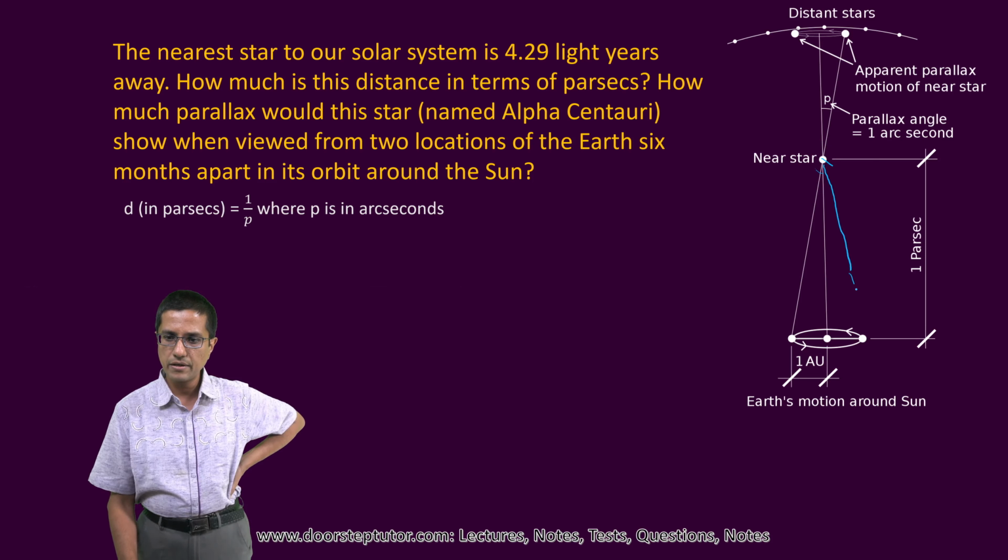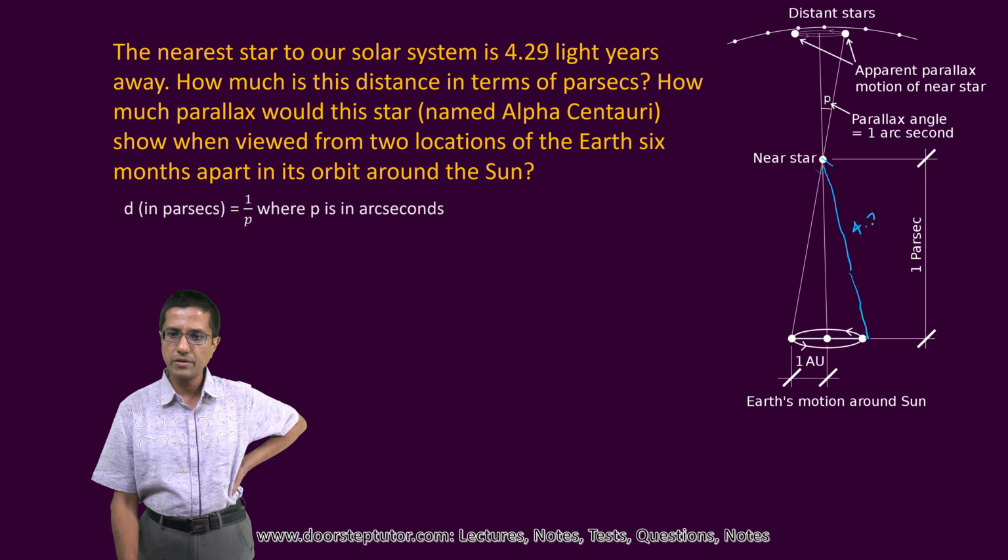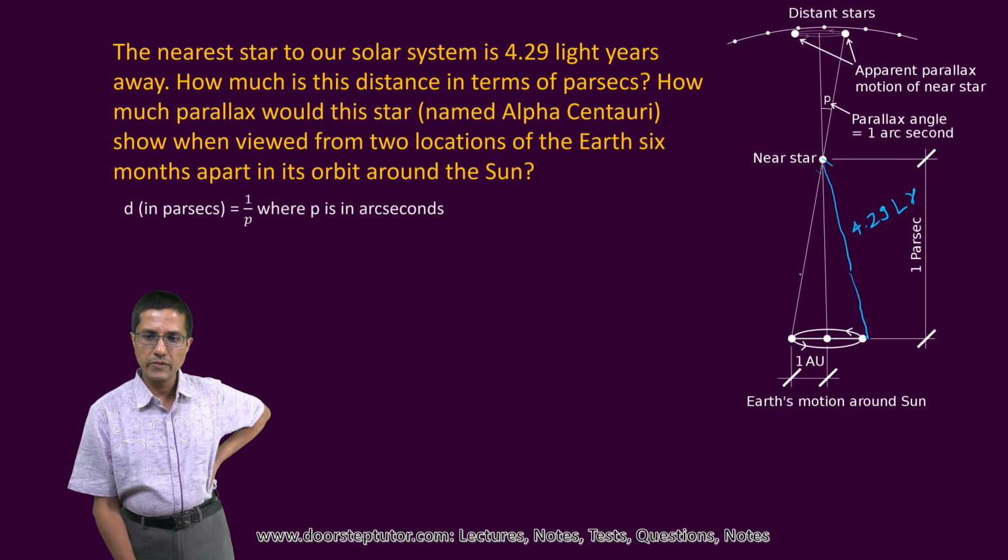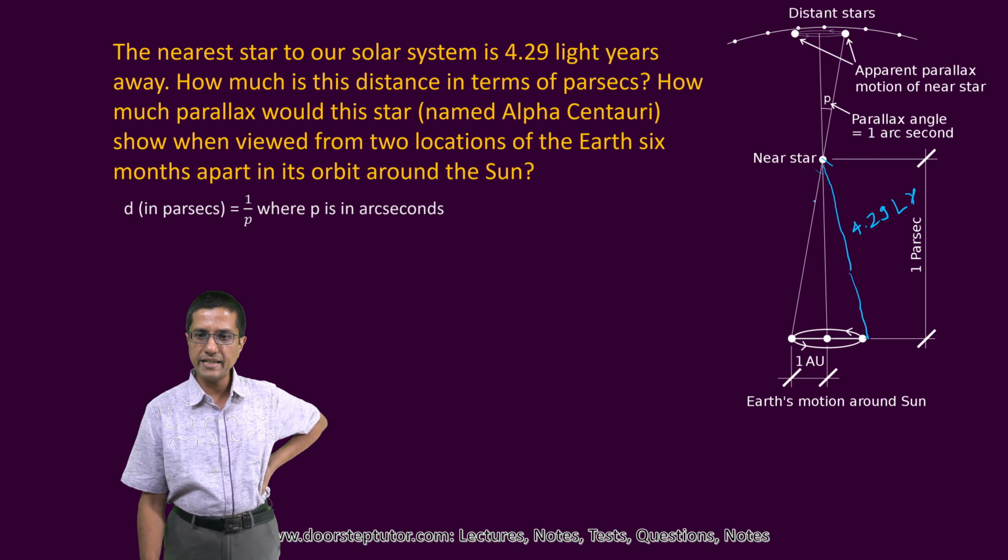This line is equal to 4.29 light years. And this entire angle we have been asked to find, not half of this. But when we are calculating the distance in parsec, we will be using only half of it.